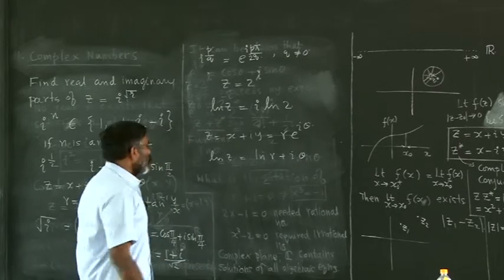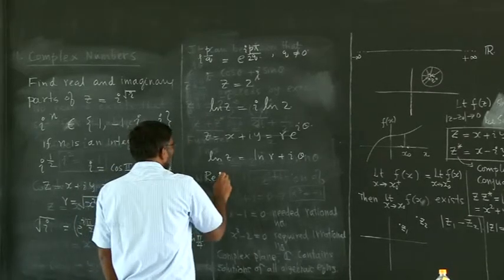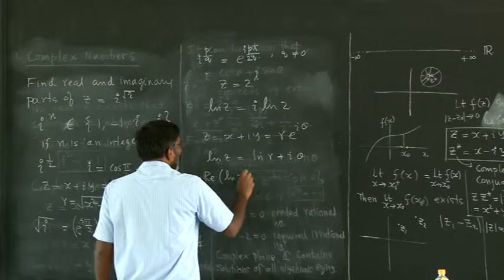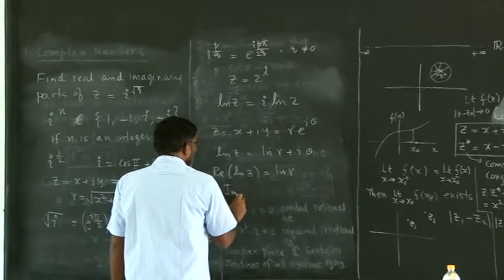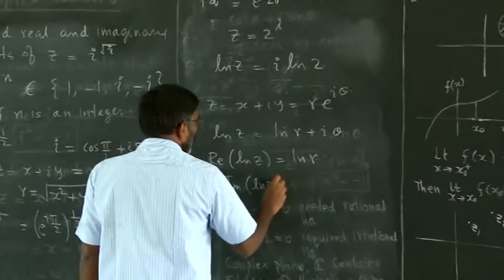Correct? So what is the real part of logarithm of Z? Real part of logarithm of Z is logarithm of r. Imaginary part of logarithm of Z is theta.